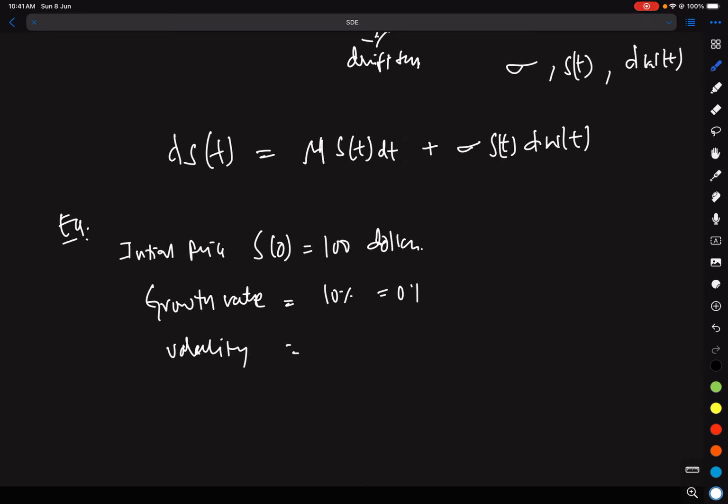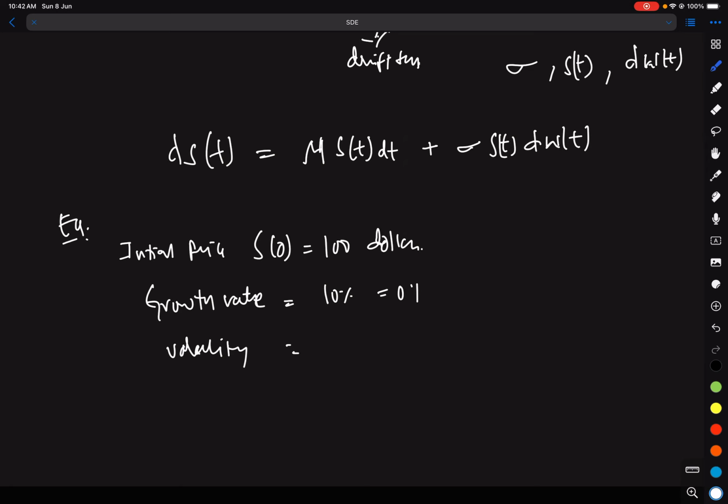For example, if you have stock prices for the last 1 year, you can take the 1 year prices and find the variance and standard deviation, or volatility. This is one way to calculate volatility. Another way is to take the Black-Scholes model to find the implied volatility, and one more way is to use the GARCH model to find the volatility. These are the different ways that we can use to find volatility.